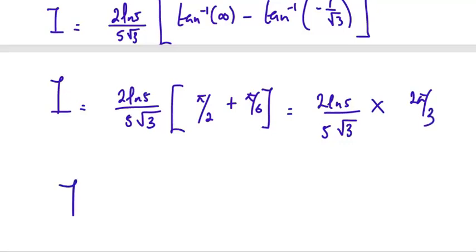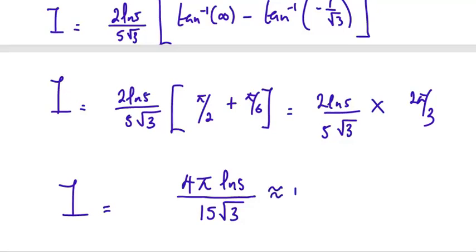Right? So simplifying properly, we now get that is going to give us finally 4 pi multiply by the ln of 5, then divided by 15 root of 3. So this is our correct answer, which is approximately 0.778452656663. So this right over here is our solution.